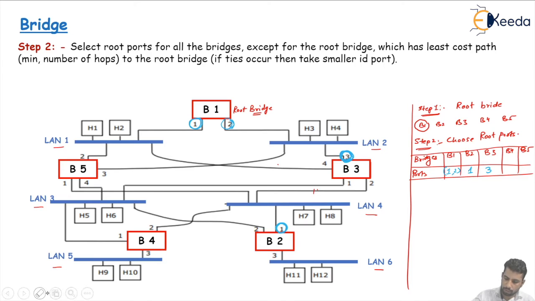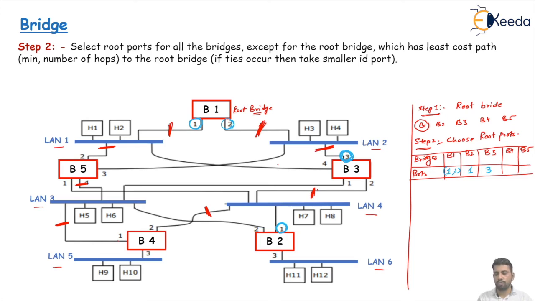For bridge number 4, we have the possibility to reach the root bridge by port number 1 and by port number 2. By port number 1, we have this one, link number 2, link number 3 and link number 4. By 4 links, we will reach port number 1 of the root bridge. And for port number 2, this one, link number 2, link number 3 and link number 4.